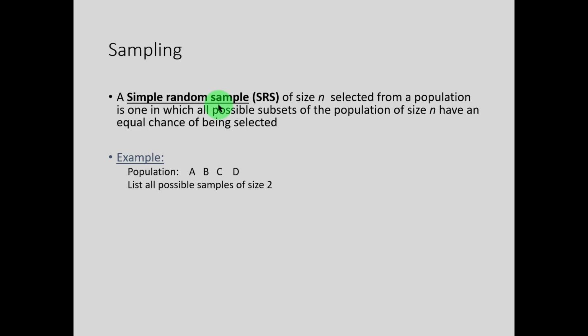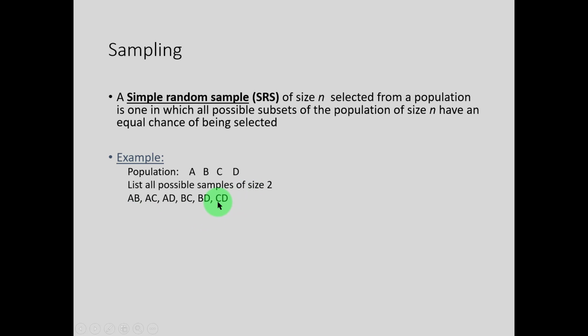You cannot have a sample, for instance, AA. That doesn't work. Furthermore, AB, BA is just a rearrangement of the same thing. So here, these are all unique combinations of samples of size 2 from A, B, C, D.